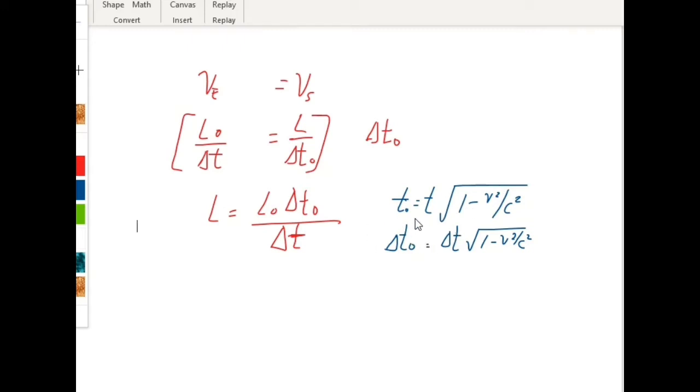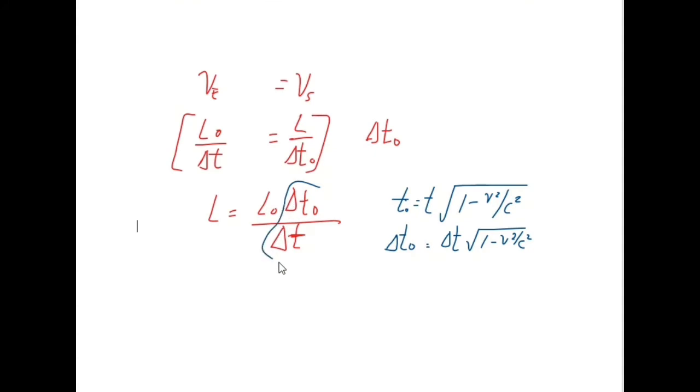You can see now in the equation we have delta T0 divided by delta T. So here we can divide the equation by delta T, so that we can cancel this out.